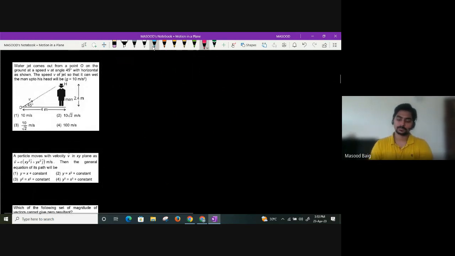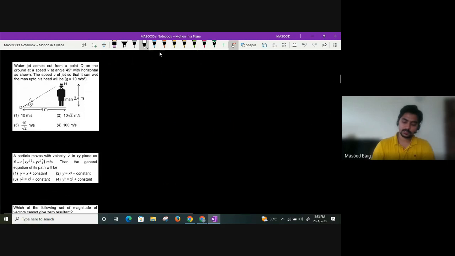Let us see this question. When a water jet comes out from a point O on the ground at speed v at an angle 45 with the horizontal, find the speed v of the jet so that it can just wet the man up to the head. So what is the logic here?